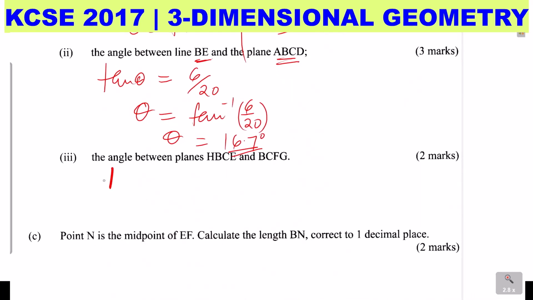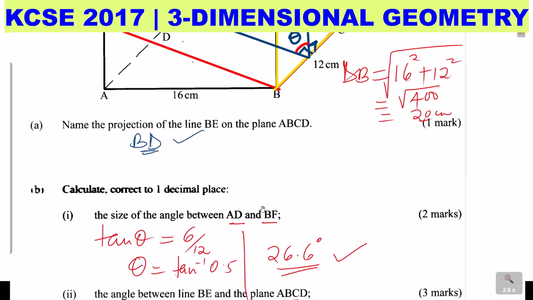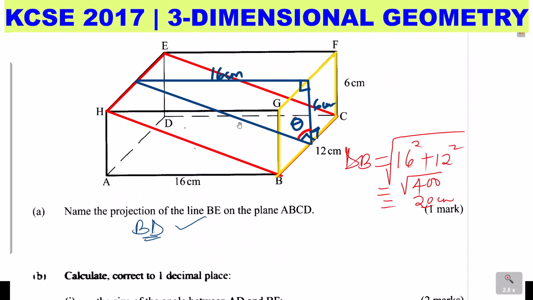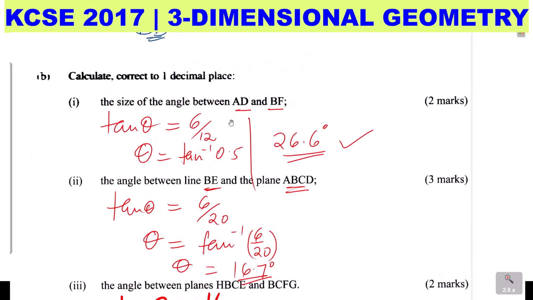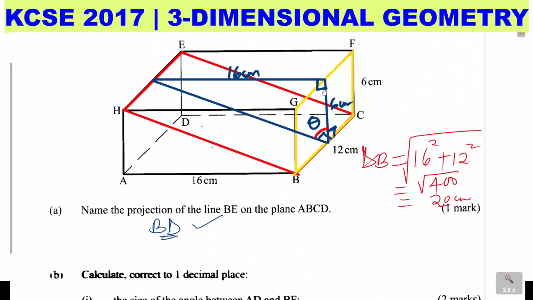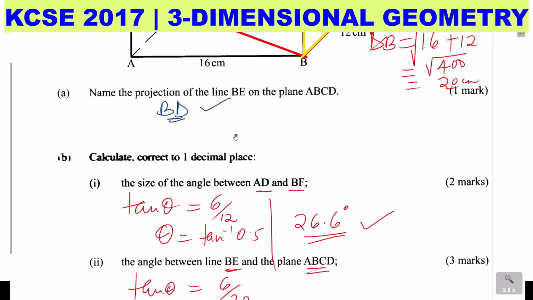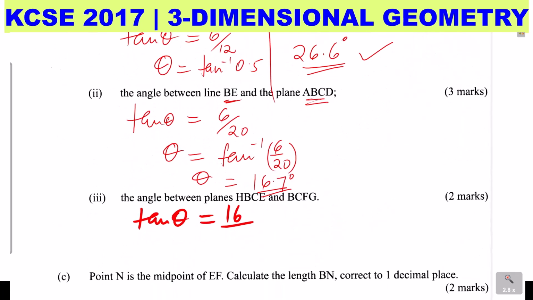So tangent of theta is equal to opposite, which is 16, and the adjacent is 6, as you can see. So this will give theta as the tan inverse of 16 divided by 6, directly using a calculator.